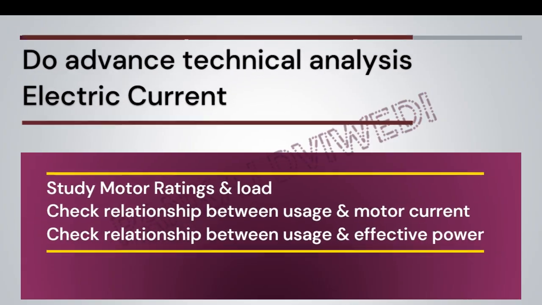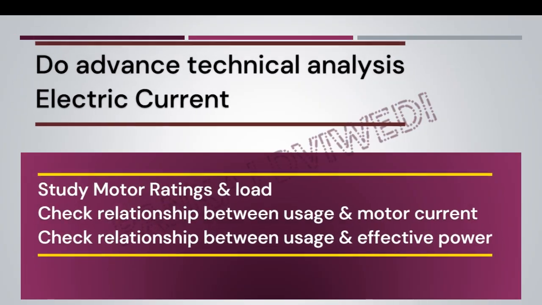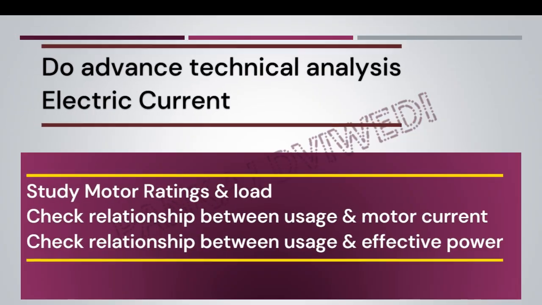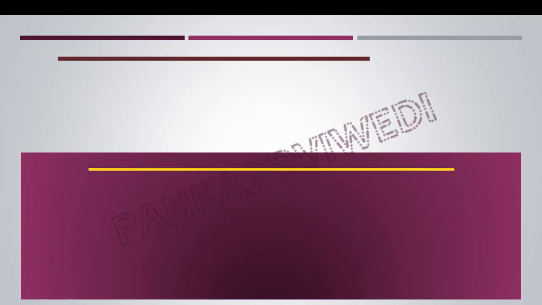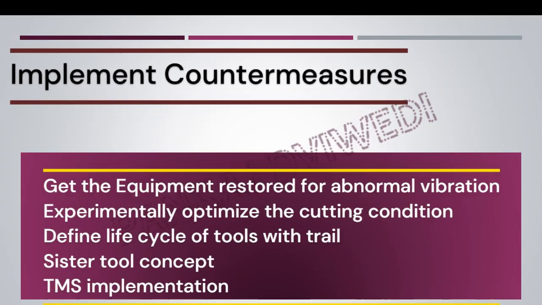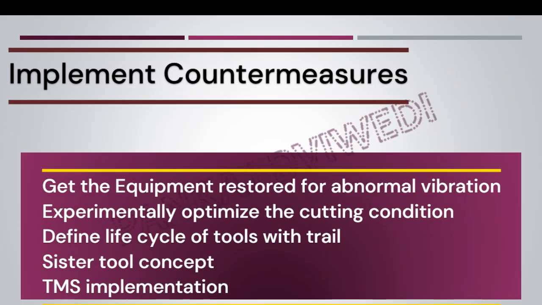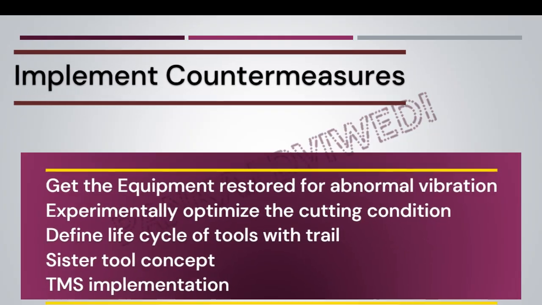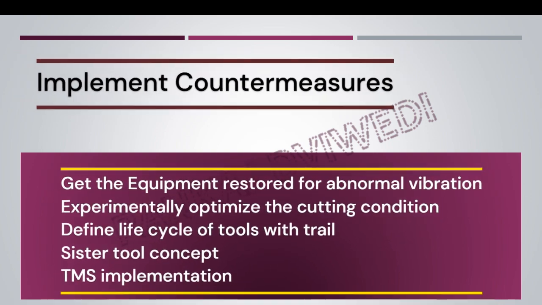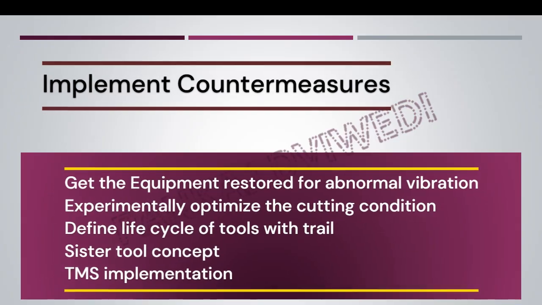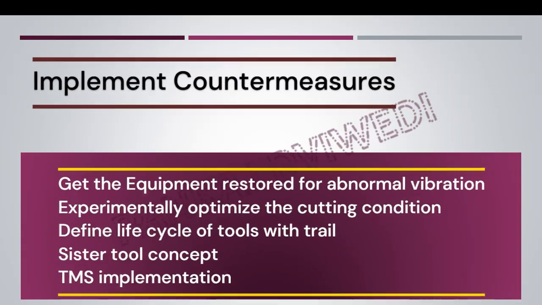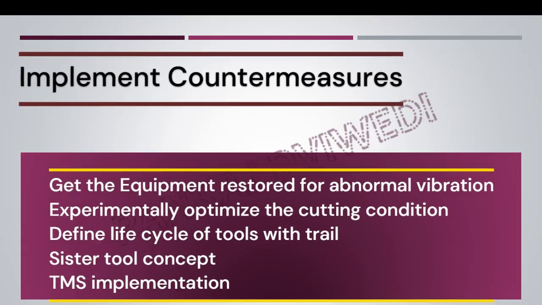So once you get the data of vibration measurement and electric current, now it is time for restoration and taking countermeasures. For abnormal vibrations in natural conditions, get the equipment restored. For vibrations in cutting conditions, experimentally make a combination where you get the lowest vibrations with optimum cutting parameters, optimum depth of cut, optimum feed and speeds as per the insert supplier's recommendation.